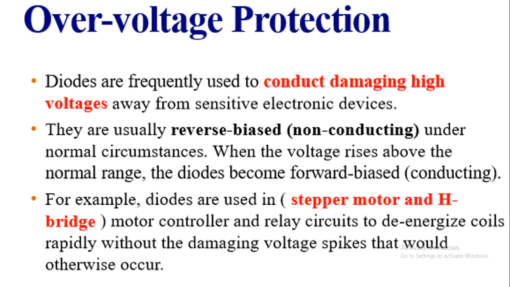Under normal circumstances, when the voltage rises above the normal range, diodes become forward biased, conducting, as in the Zener diodes, which work in reverse breakdown. For example, diodes are used in stepper motor and H-bridge motor controller and relay circuits to de-energize coils rapidly without the damaging voltage peaks that would otherwise occur. So this protects motors and the coils of motors from damage if the voltage increases.